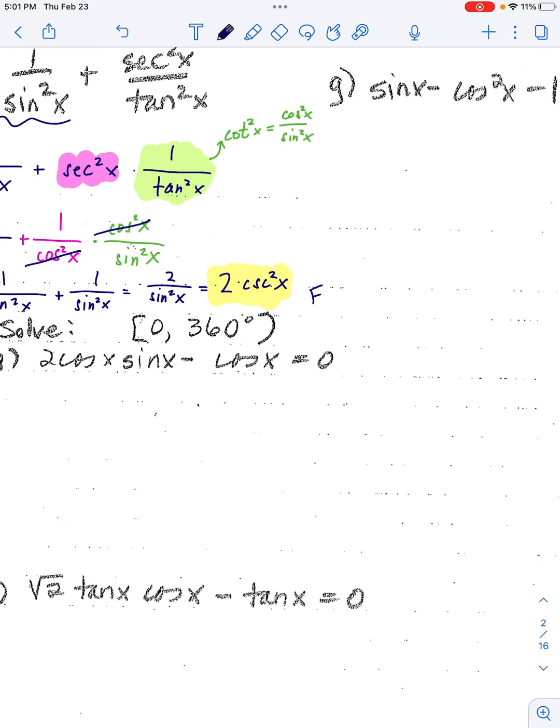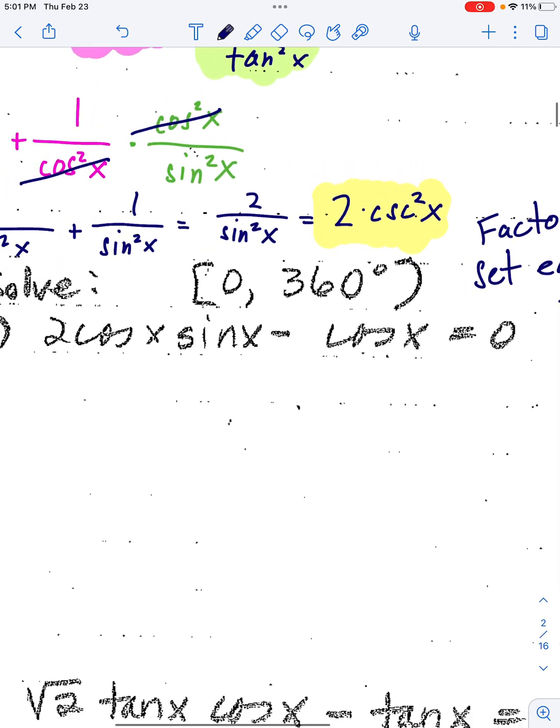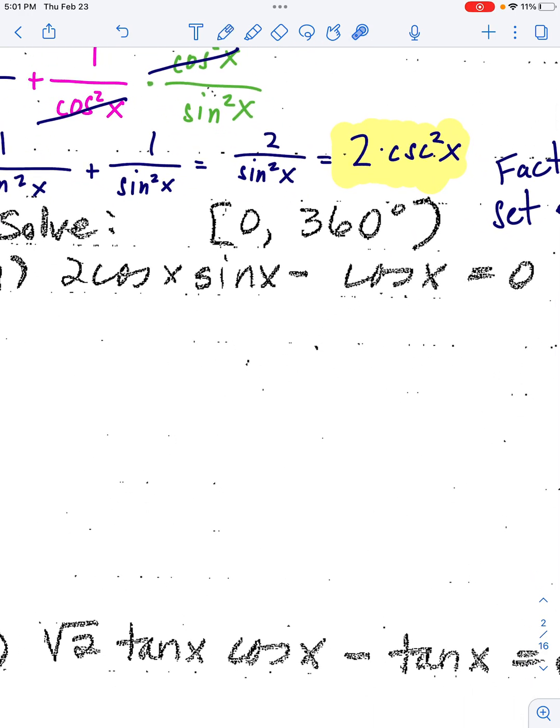We factor, and then we set each individual factor equal to 0 and solve for x. So we essentially break up the problem by factoring, okay? So let's look for a GCF between these two terms. I've got a cosine here and a cosine here. Let's pull out a cosine.